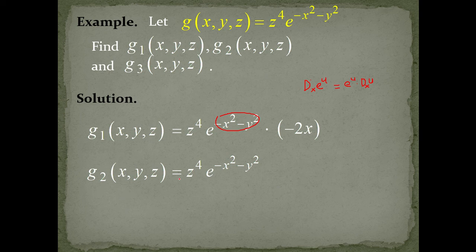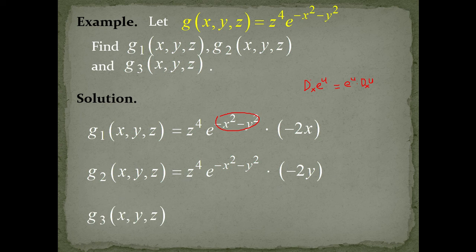Since you are differentiating with respect to y, x is constant, so the derivative of this constant is 0, so we just take the derivative of this, which is negative 2y. Okay, so that's our G2. As for the product, you can rearrange and write 2y first here, or you just opt to put your answer in that manner.